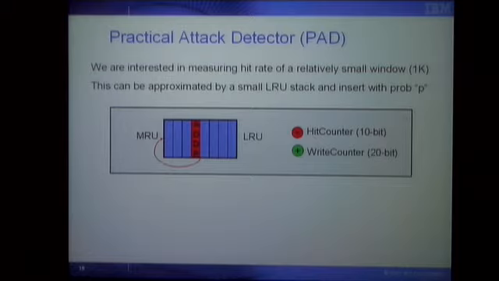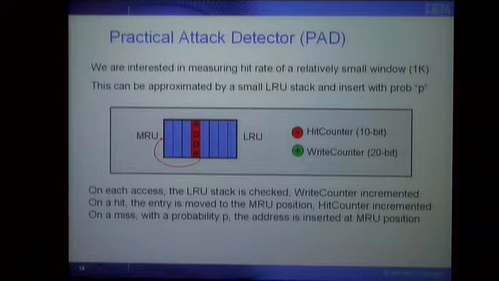It consists of 16 entries. Each of the entries is just a tag line. It does not require any data line. There are two global counters, a hit counter and a write counter. Every time you write to memory, you look into this list, and you increment the write counter. If you find the address that you are going to write, you increment the hit counter, and you update the replacement position.